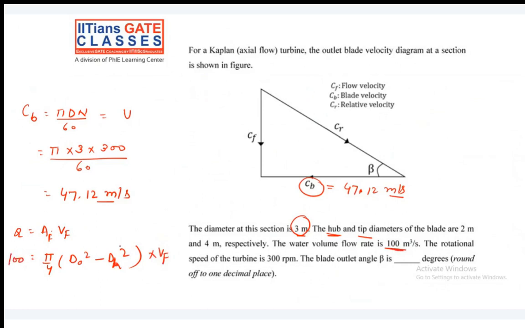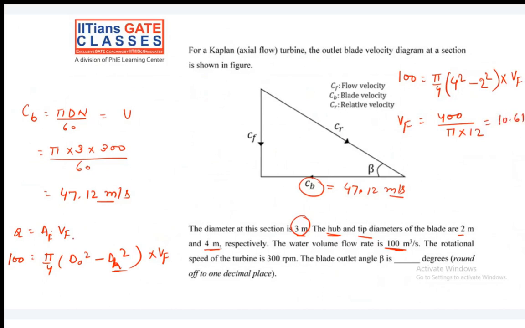So 100 is equal to pi by 4 into D outer is 4, so 4 whole square, minus Dh, hub diameter, is 2, so 2 square, multiplied by VF. VF we need to find. So VF is equal to 400 divided by pi into 16 minus 4, which is 12. So VF value is somewhere around 10.61.